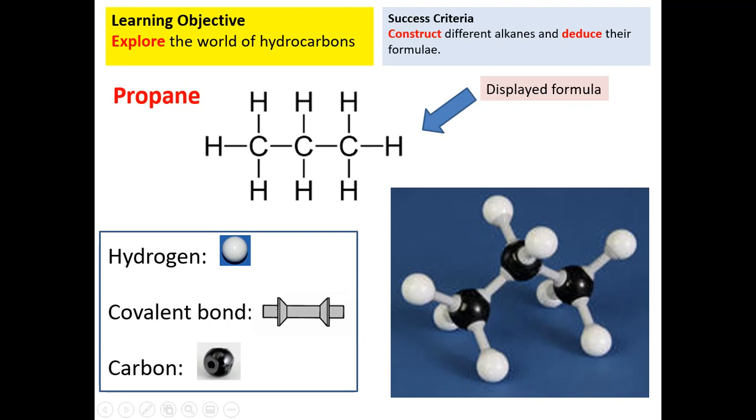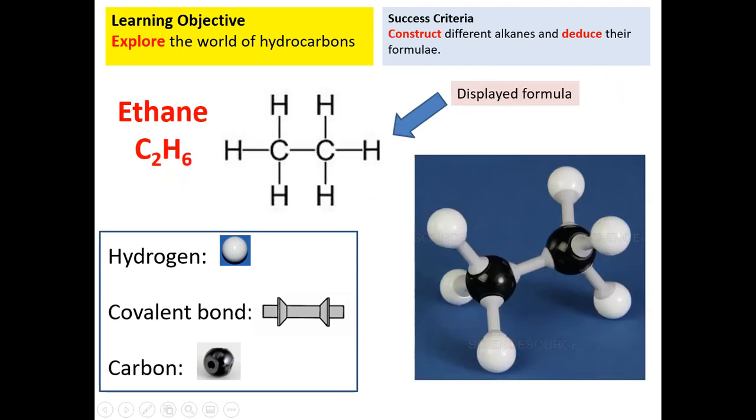Then if you go, right, well this one's already got 1, 2, 3, 4, so you're going to put 3 hydrogens on there. We go to the other end, it's got 1, 2, 3, 4, so 3 hydrogens can go there. Now if we look in the middle, it's already got 1 bond to this carbon, 1 bond to that carbon, so we can only add 2 more hydrogens to that. And I'm not going to tell you the formula because I want you to work it out for yourselves. Okay, so that is propane.